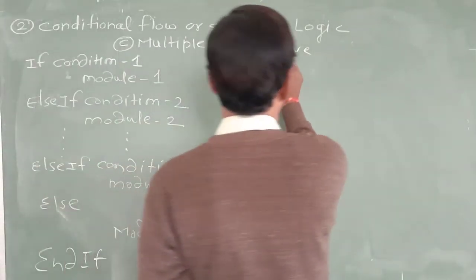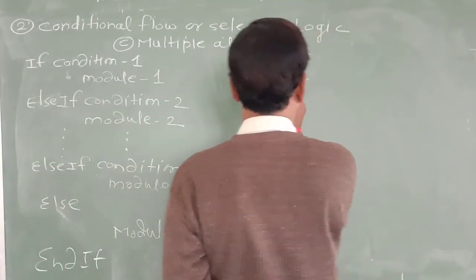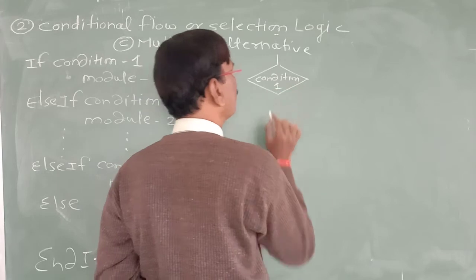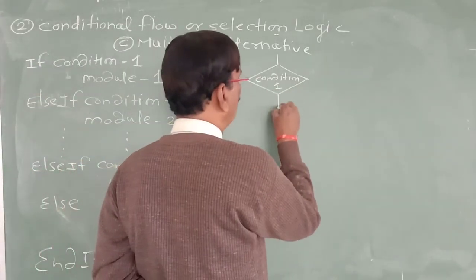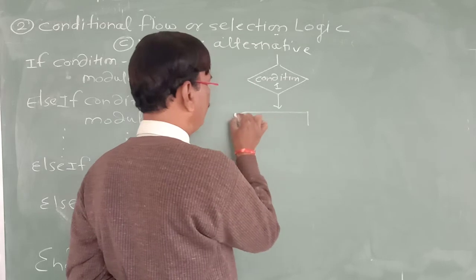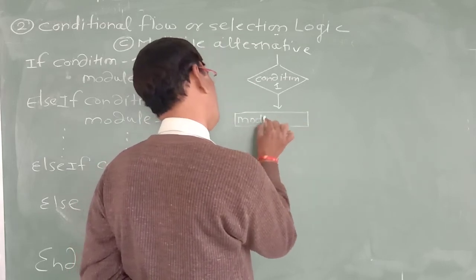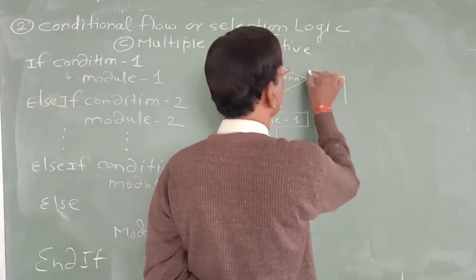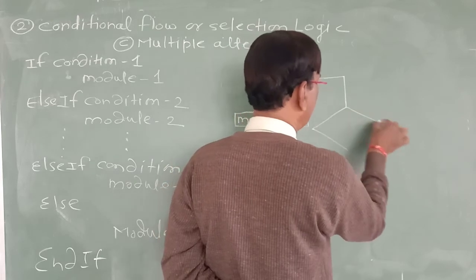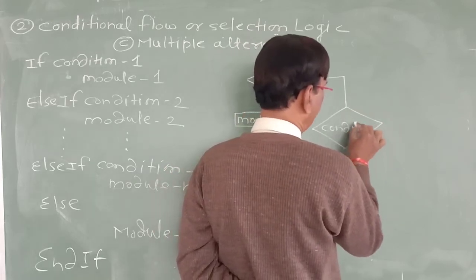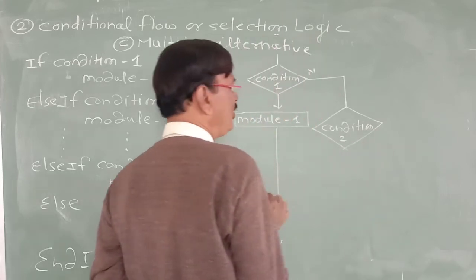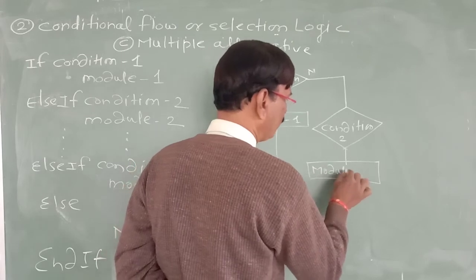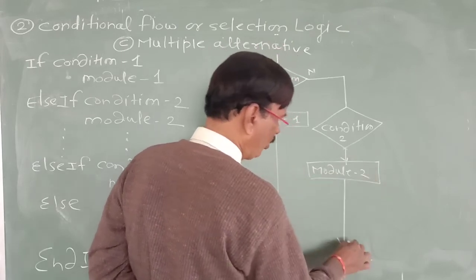So here, condition 1. If condition 1 is true, then module 1 is executed, and you stop. Otherwise, there is condition 2. If condition 2 is true, then module 2 is executed, and you stop.